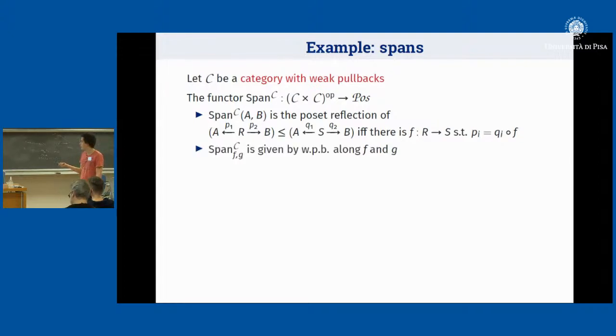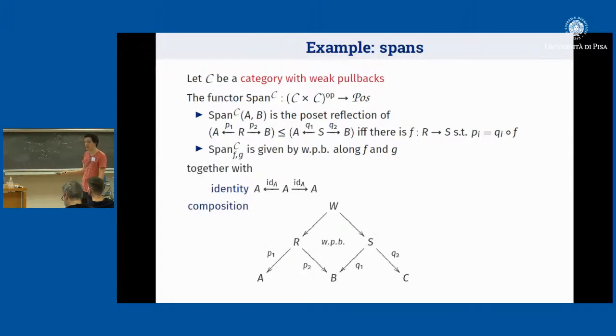And reindexing is given by weak pullbacks. The identity is the identity span, and the relational composition is the usual composition of spans. Oh, sorry, there is, of course, a poset reflection in the definition of the fibers because we have just weak pullbacks, and so we need that to get a proper partial order.